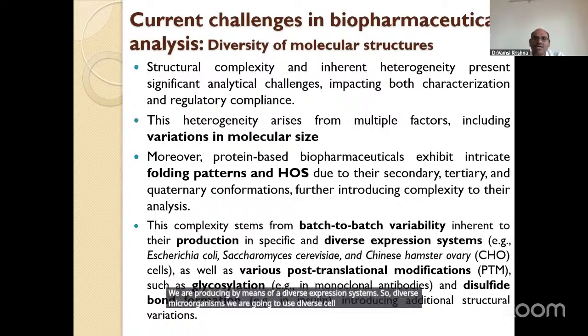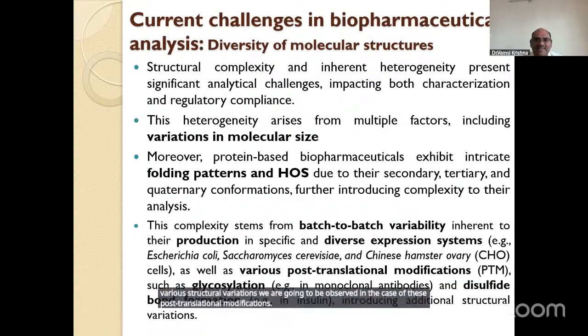There is also a chance of various post-translational modifications, PTMs, such as glycosylation in the case of monoclonal antibodies, and disulfide bond formation, for example in insulin, and various structural variations will be observed due to these post-translational modifications.